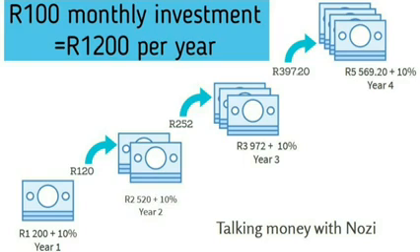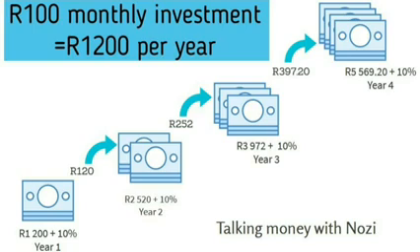So your total balance is 2,520 plus 252 Rand, which gives you a total of 2,772 Rand. So you start year three with 2,772 Rand. You contribute another 1,200 and you get a total of 3,972 Rand.